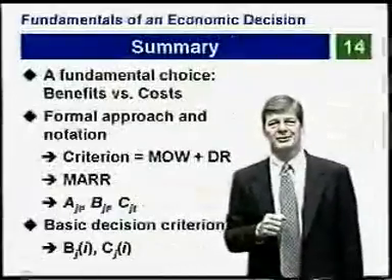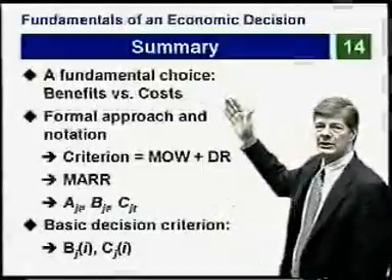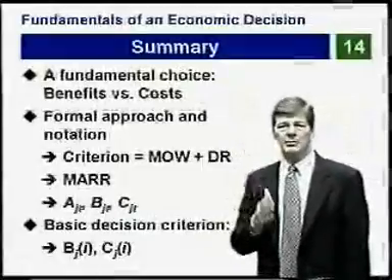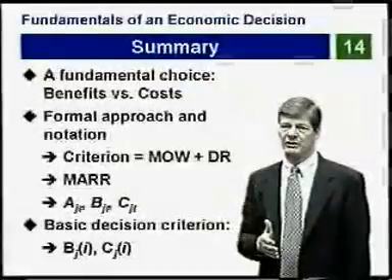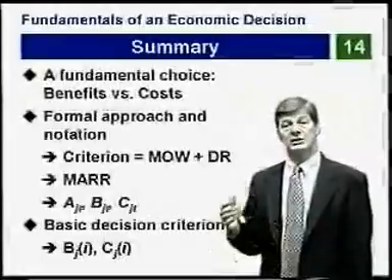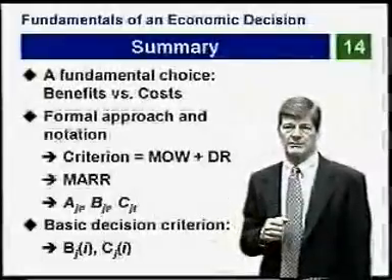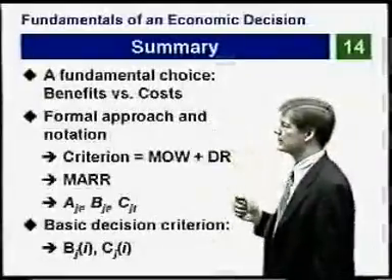Let's summarize this lecture. We began by talking about a fundamental choice. That is, it's a decision between benefits and costs. Every decision has some benefits and some costs. And the question is, do the benefits exceed those costs or not? We then developed a more formal approach and some notation.